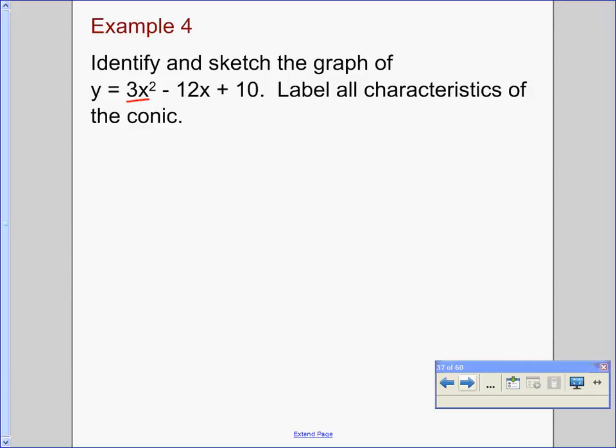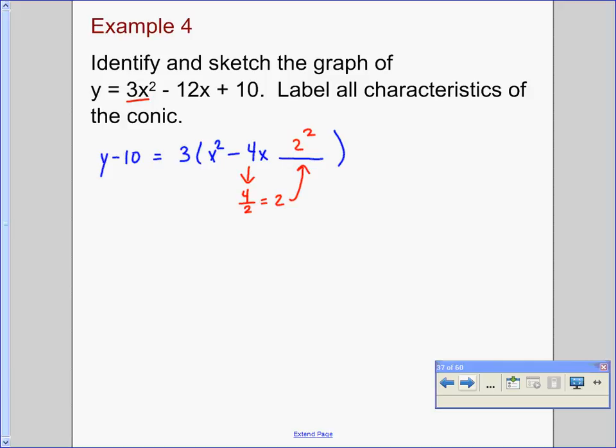So what I'm going to do is, first of all, try to complete the square. I'm going to move my 10 over. I'm going to factor that 3 out and leave space here. And so when I take half of this, that gives me 2, and I square it, it goes here.